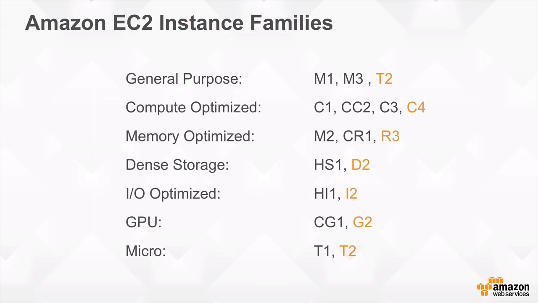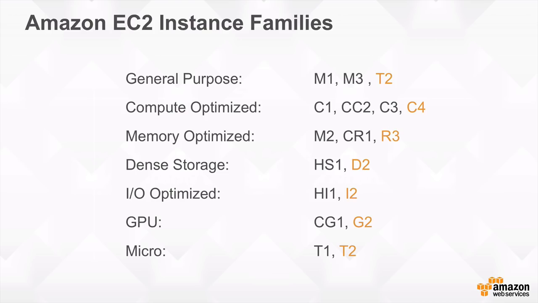The other families that you can see here are optimized around more provision of a specific resource. So obviously the compute optimized instances, the latest being the C4, offer higher proportions of CPU capacity. So if you want to run CPU constrained workloads, you're going to find the compute optimized family is the most cost efficient way to do that. They offer the best price per CPU cycle that's made available to you in those instances.